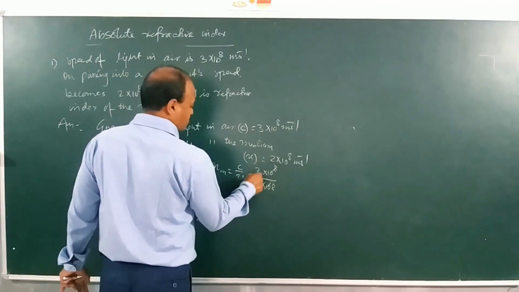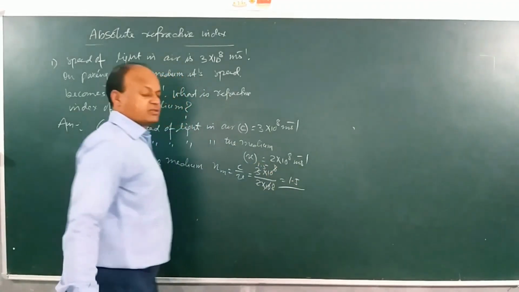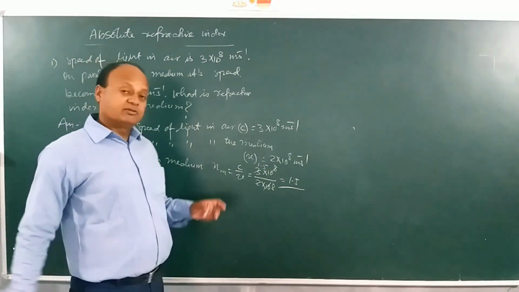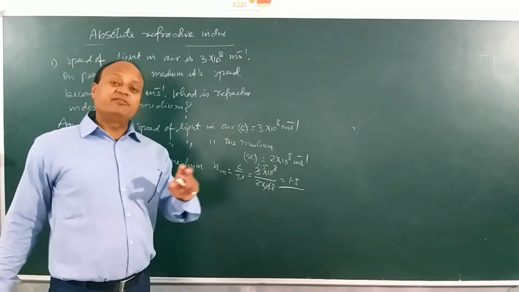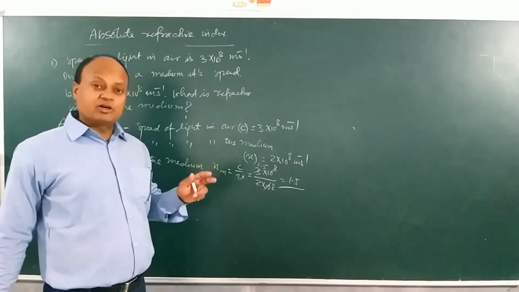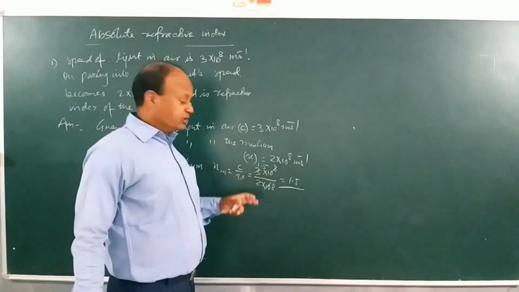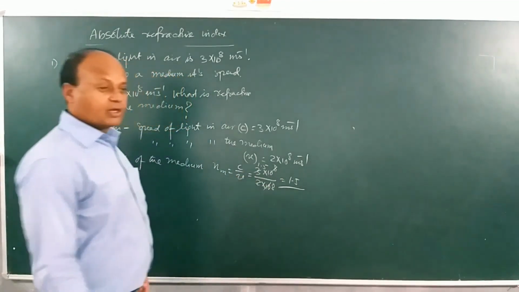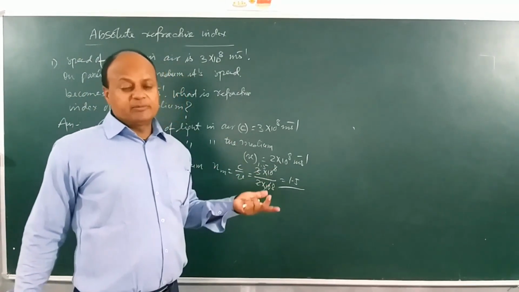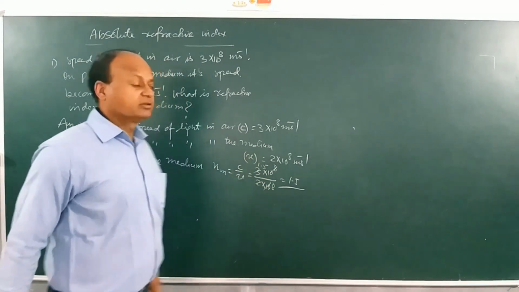Cancel out, 1.5. Refractive index is 1.5. And remember very well, very important thing, that refractive index has no dimension or no unit. It's a pure number. So you just write the number. And minimum refractive index is 1. That's for air. And the highest refractive index is for diamond, which is around 2.7.